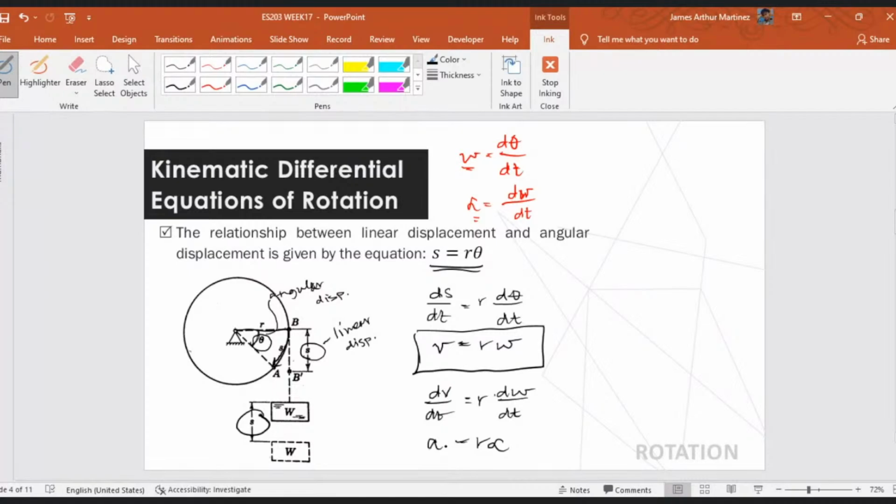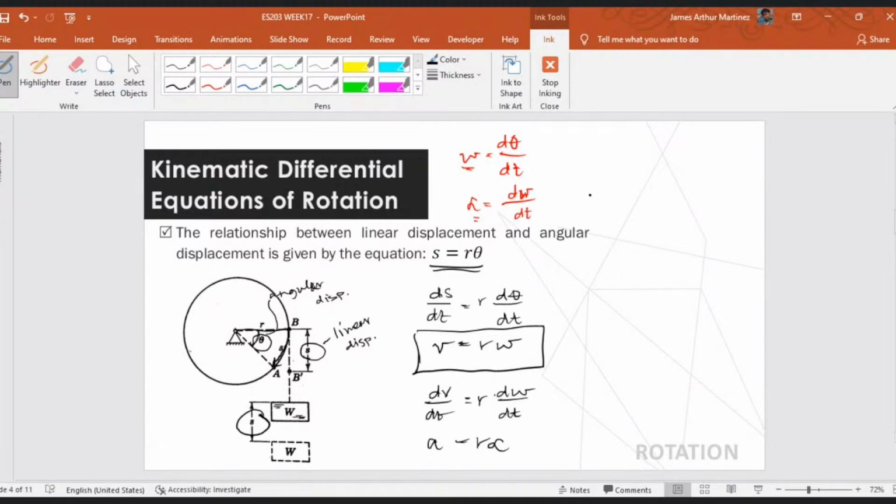Now, the question is, is this acceleration tangential or normal? Recall from our previous topic on translation, in rectilinear translation, we only have one acceleration, right? Either vertical or horizontal or inclined.